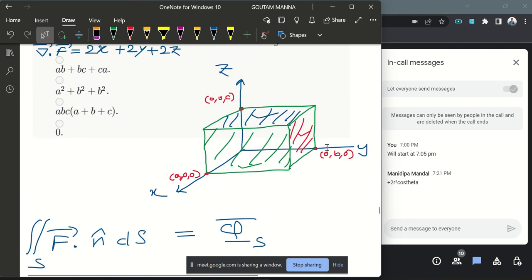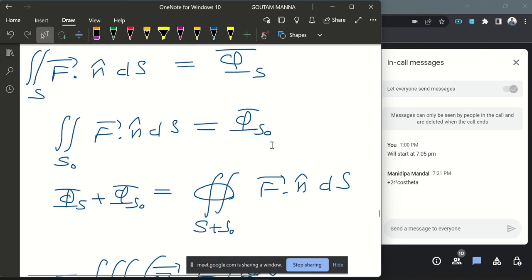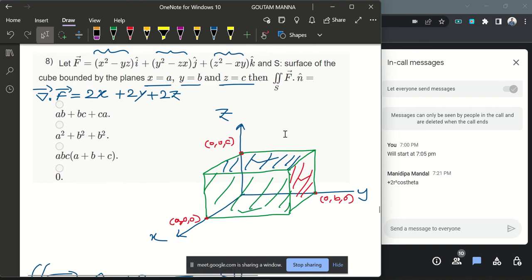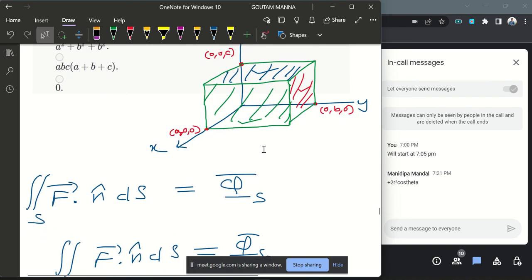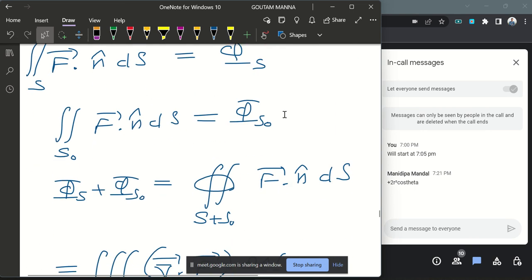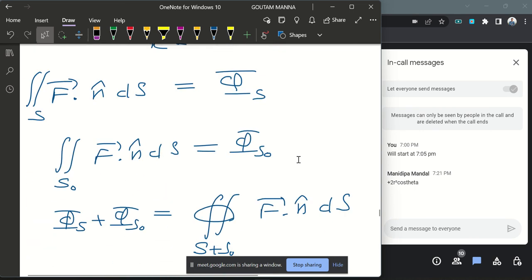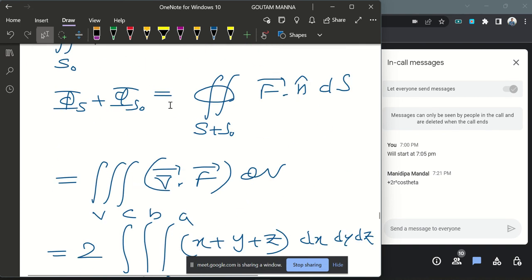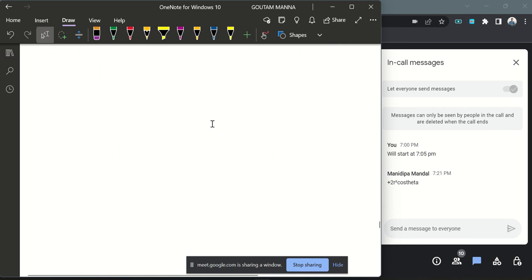and in this plane, if you do this surface integration, there will basically be no variation of x, and you will get a 0 on these other surfaces. So these three surfaces will be 0, and so this phi of a0 will be 0, and basically we are getting this phi of s.